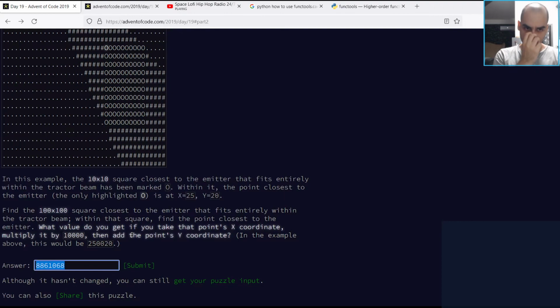Closest to the emitter. So they do mean Euclidean distance, don't they?